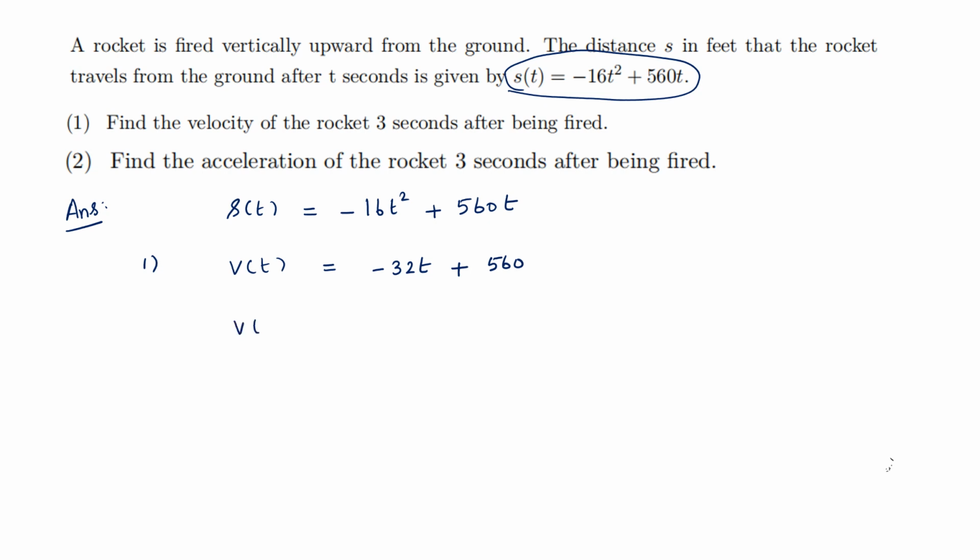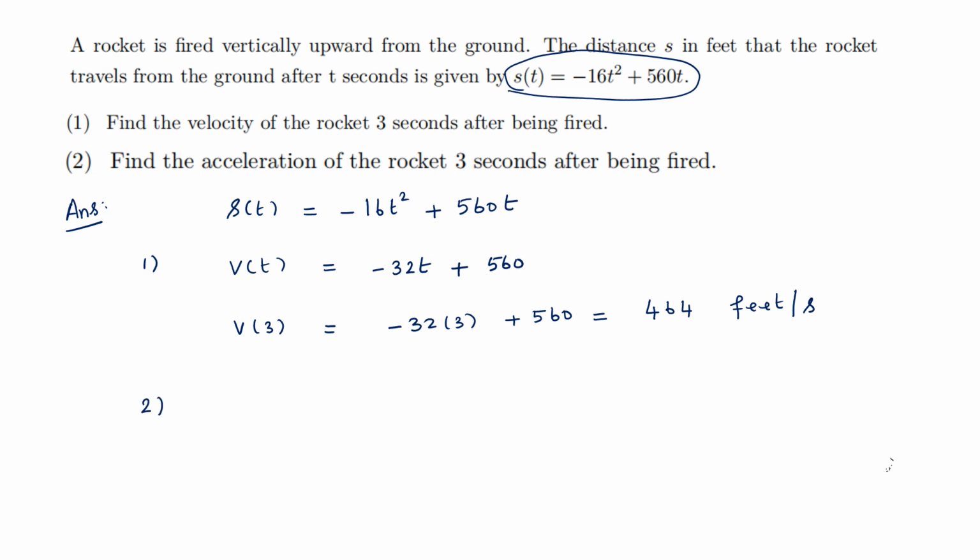We are going to find the velocity at 3 seconds: minus 32 times 3 plus 560, which is equal to 464. The unit of the velocity is feet per second.